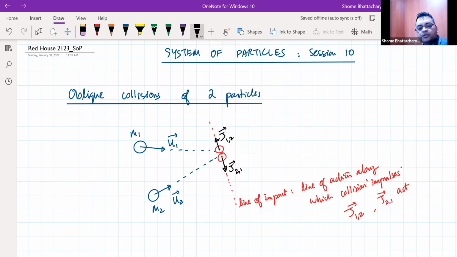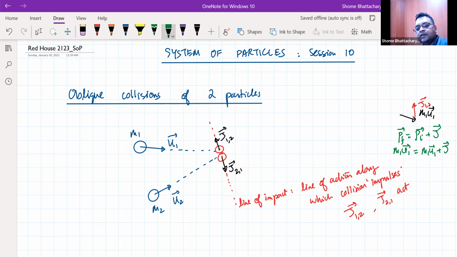So for example, the first body here had a momentum m1 u1 in this direction, and now it's experiencing an impulse in this sort of direction, let's say. So the final momentum will be initial momentum plus impulse. In this case, the final momentum m1 v1 after impact will become initial momentum m1 u1 plus impulse.